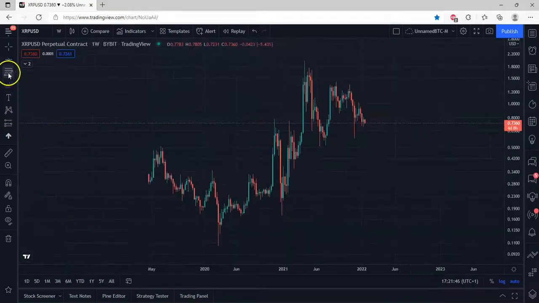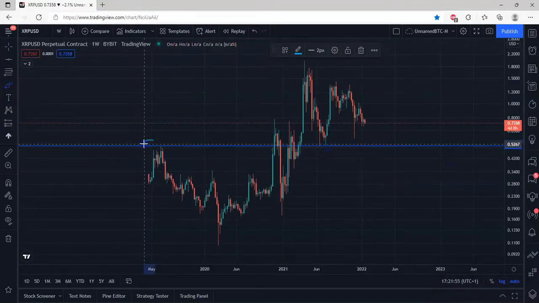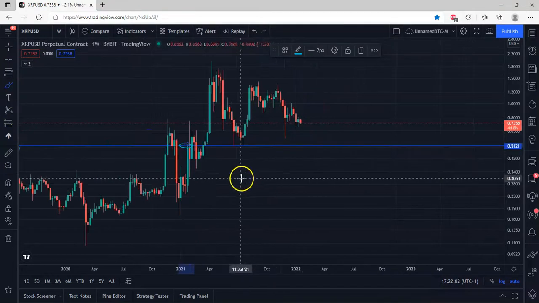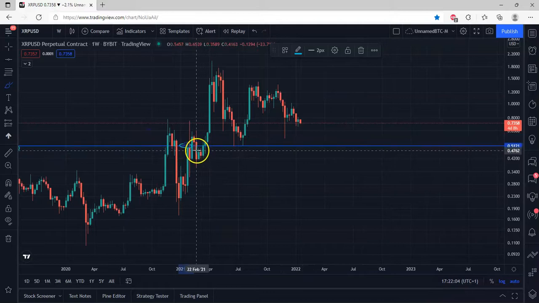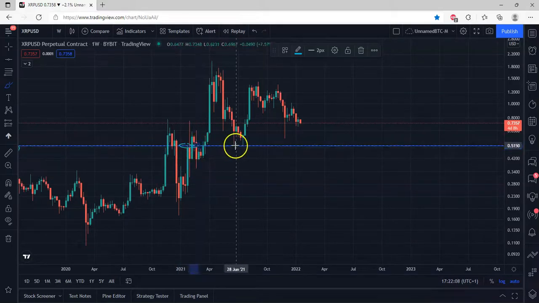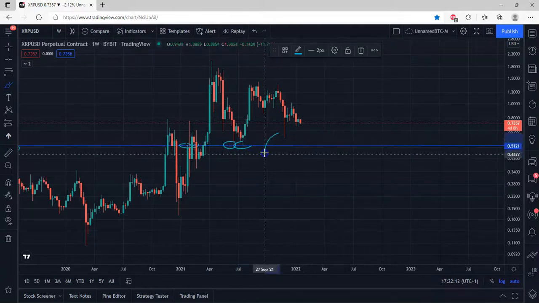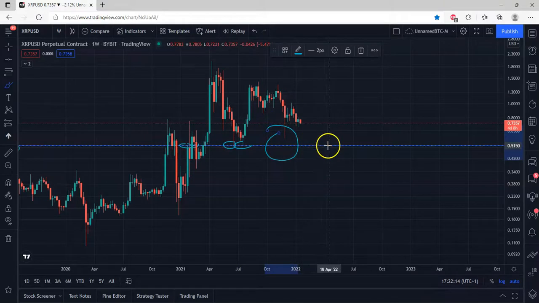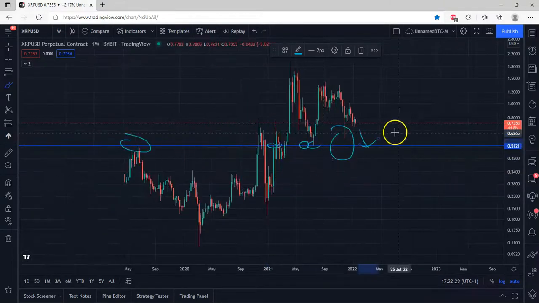XRP, possible here because we have a bounce here, another bounce here from this candle here, almost, actually this one, this red candle here, 4, 5, this one almost. So are we going to see another drop of XRP?